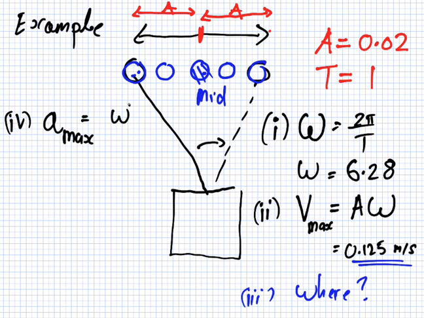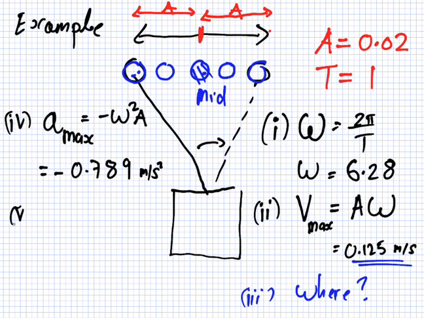Okay, what do we have for this? So which formula are you using? The omega squared A, isn't that it? Yeah. So what did you get when you put the numbers in? 0.78. And I should really put the minus in, but anyway, 0.789 meters per second squared.